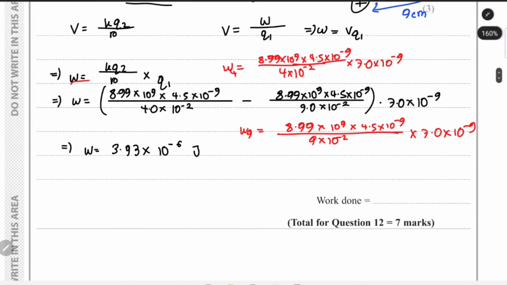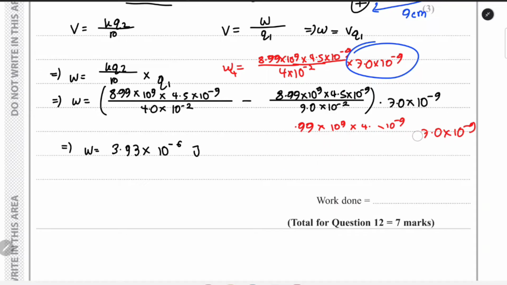In this expression over here, we just took the 7 into 10 to the power minus 9 out as common when we did W4 minus W9. So that's what we did over here.